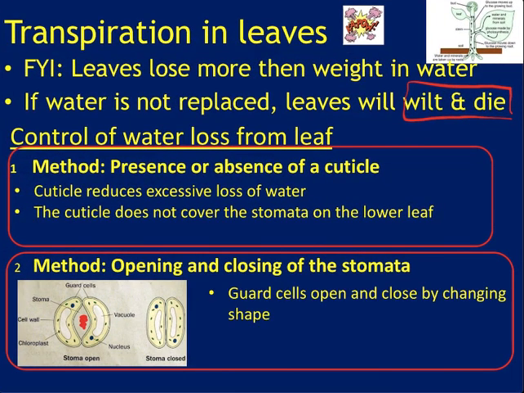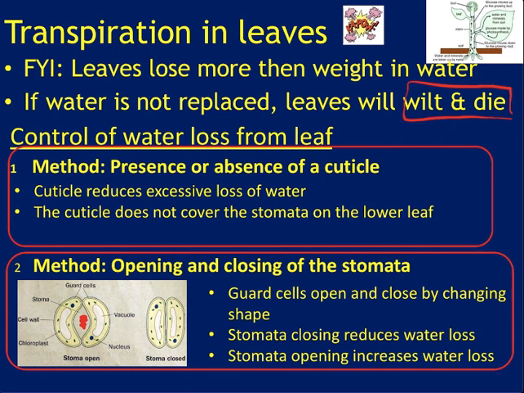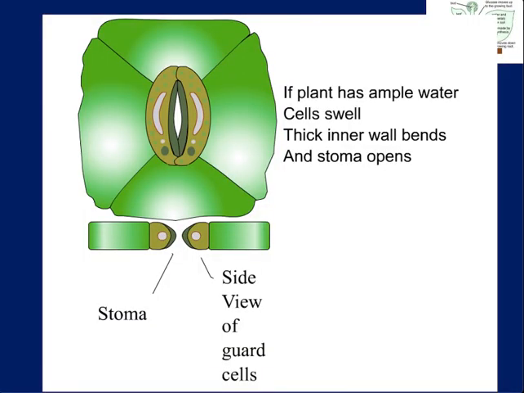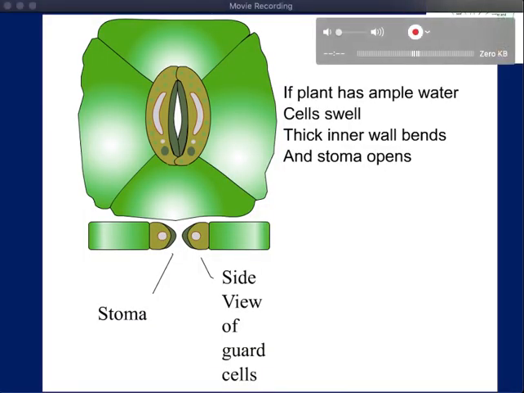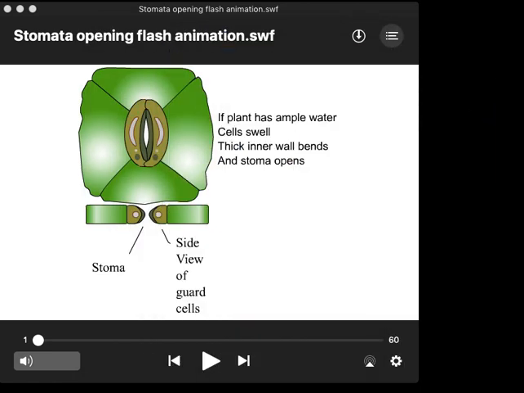So in terms of the words, guard cells open and close by changing their shape. If your stomata are closed, there's no water loss, and if your stomata are opening, then your water loss is increasing. Now, I just need to move this to one side for you.